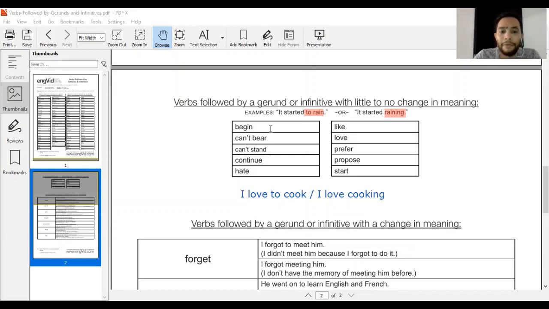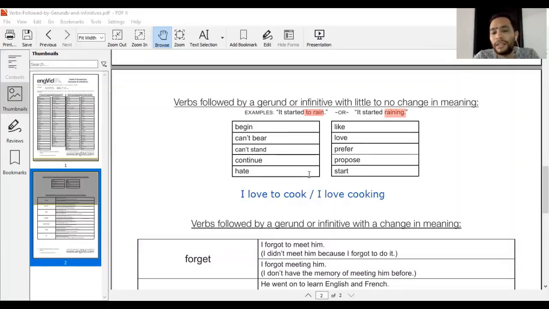I repeat. Begin, can bear, can stand, continue, hate, like, love, prefer, propose, and start. Is that clear? Is this clear, guys?